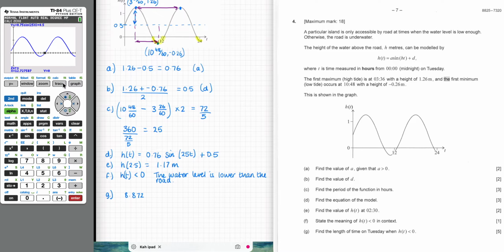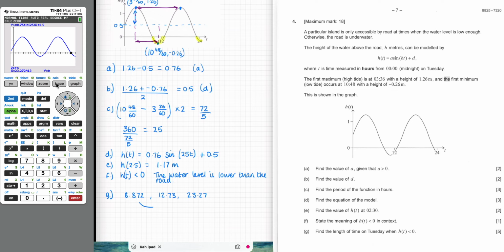So this is at 12.73, and it actually happens again over here, at 23.27. There we go.